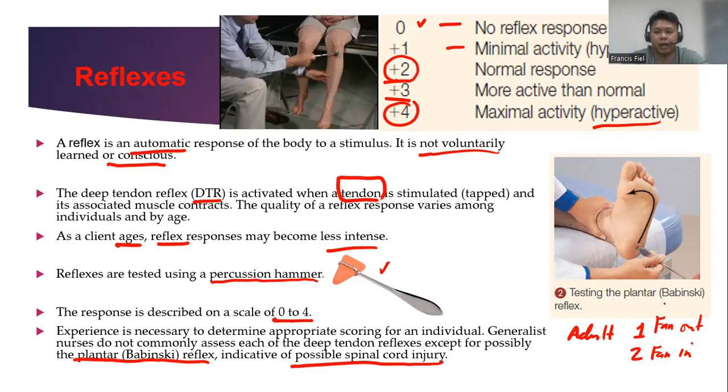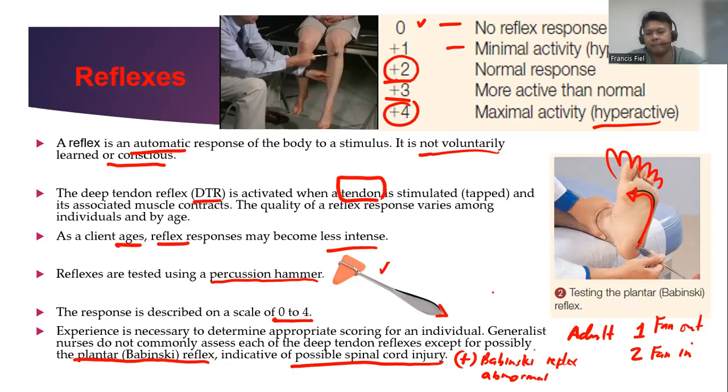Positive Babinski reflex means abnormal, or there is a spinal cord injury. Pag ganyan nyo sa edge ng hammer, magfa-fan out or magfa-fan in? Fan out or fan in.